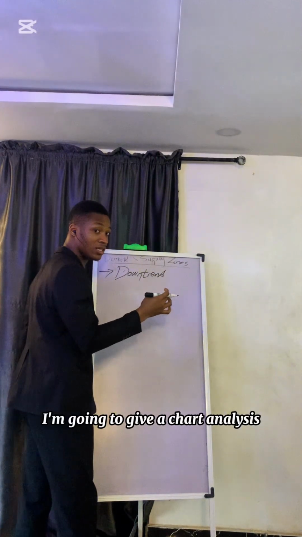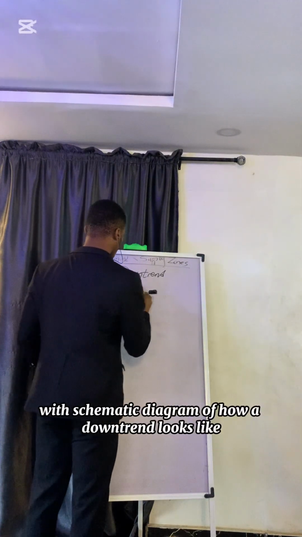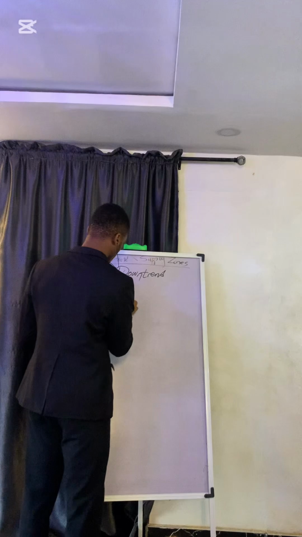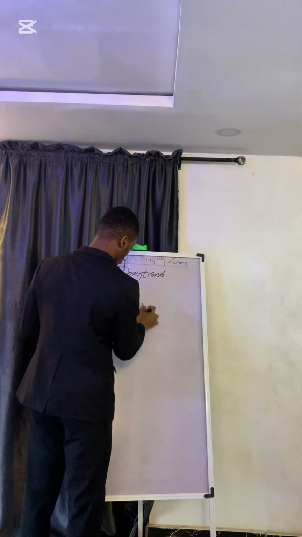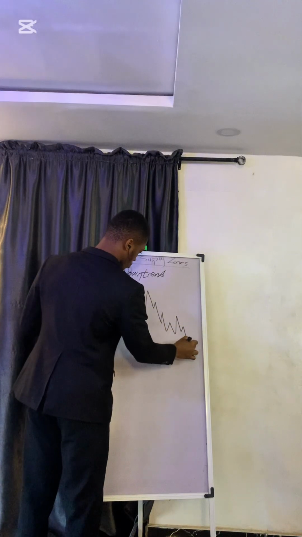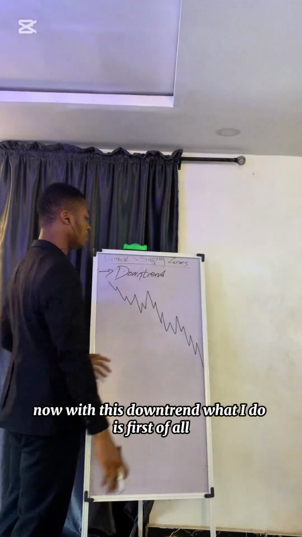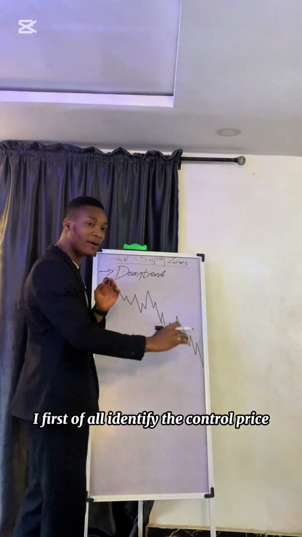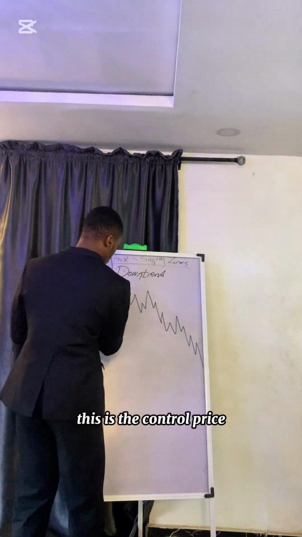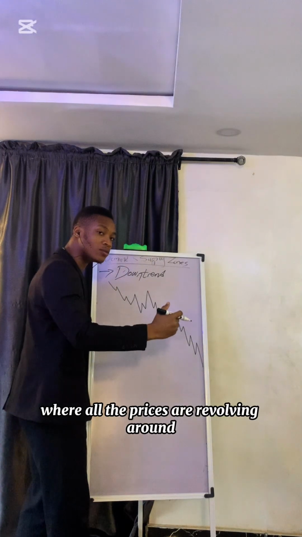Now, I'm going to give a chart analysis or a schematic diagram of how a downtrend looks. With this downtrend, what I do is first of all identify the control price. This is the control price, the middle point where all the prices are revolving around.